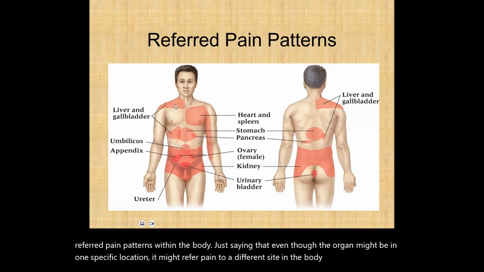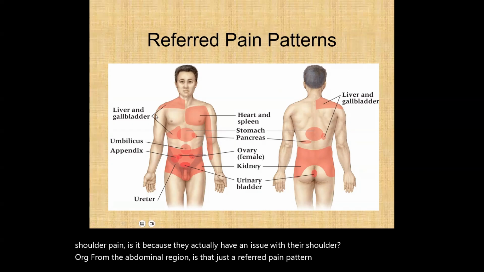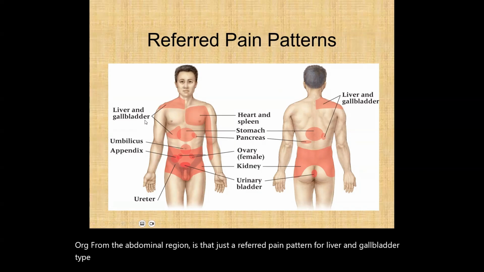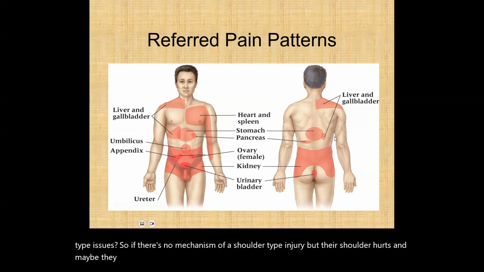So if someone has shoulder pain, is it because they actually have an issue with their shoulder, or from the abdominal region, is that just a referred pain pattern for liver and gallbladder type issues? If there's no mechanism of a shoulder injury, but their shoulder hurts and maybe they have pain in several different locations, it could again be an indication of a referred pain pattern.